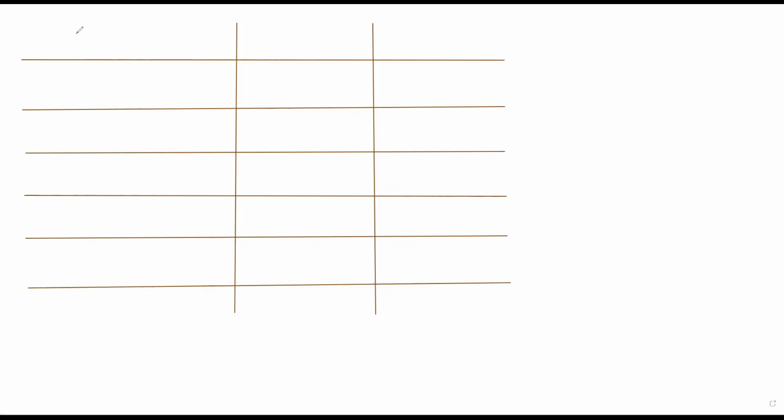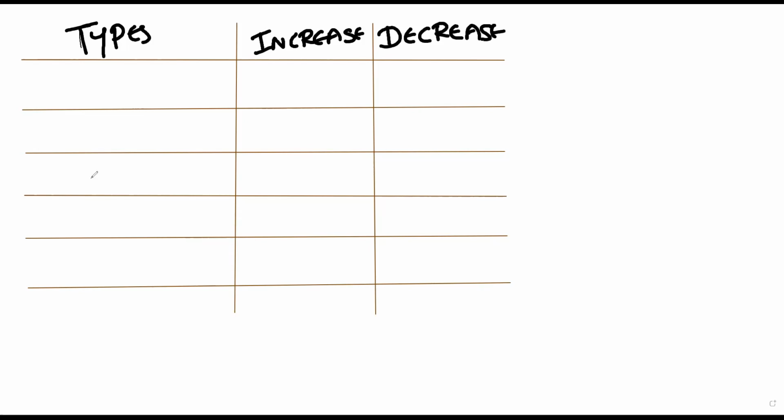Here I'm going to write the 5 types of ledger accounts we have. Just 2 things can happen to an account: the balance may increase or the balance can be decreased.